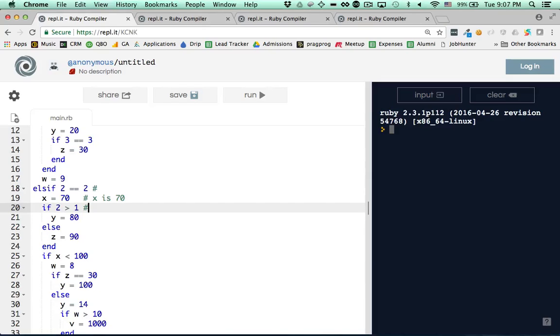If 2 is greater than 1, is 2 greater than 1? What line processes next? 21. Awesome. So now x is 70, y is 80. The rest are unchanged. What line processes next? 25. Well, before 25.